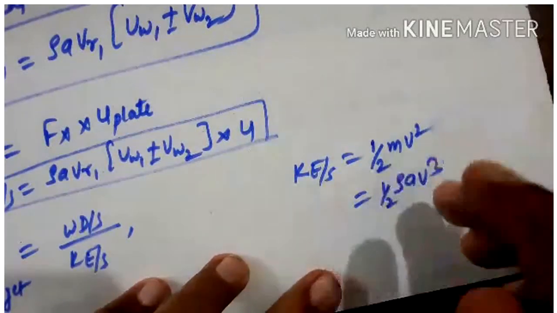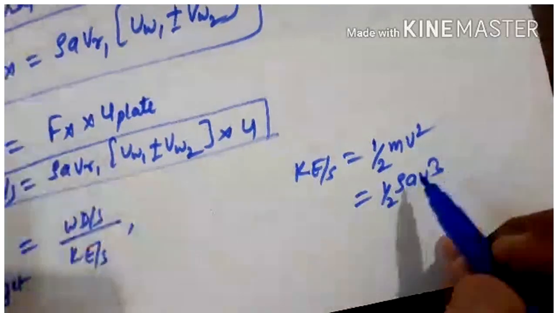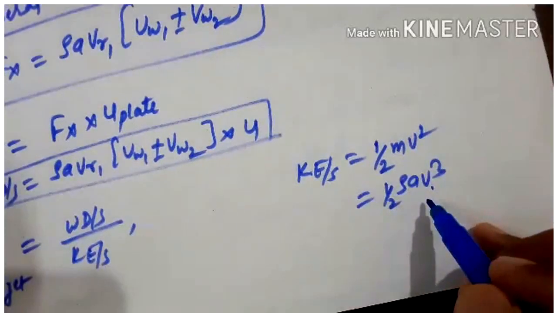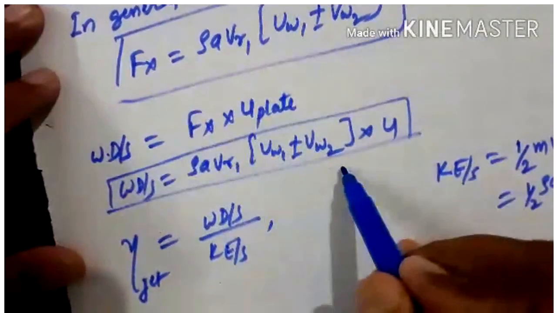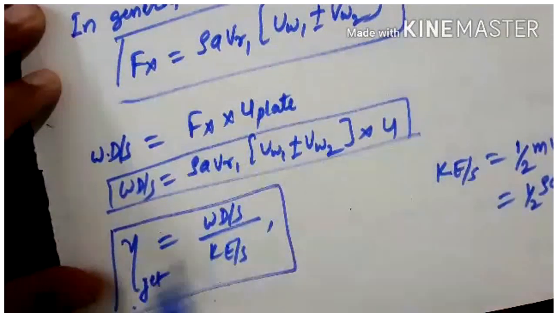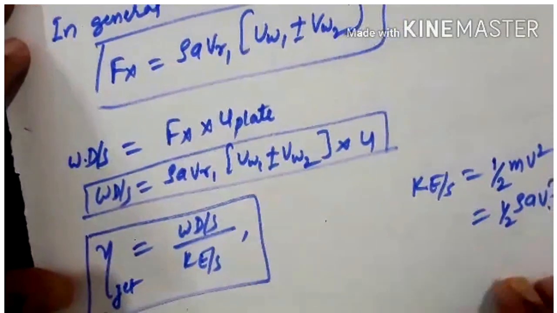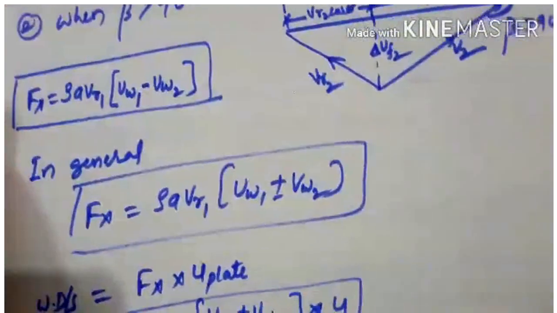The same formula is applied here. So with this you calculate kinetic energy per second, then work done per second is this one, and finally you get the efficiency. I hope you understood this derivation. The derivation here is very important.